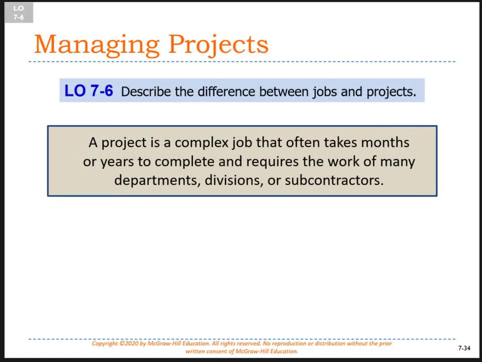And then just the idea that I use the term project and job interchangeably. Your authors often say a long job is a project, but we're not going to make too big of a differentiation between those two.